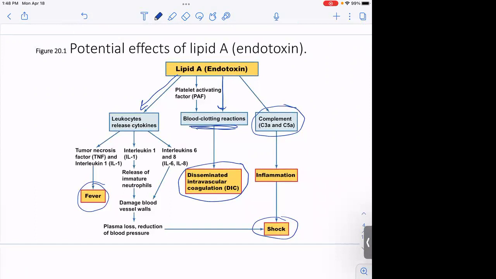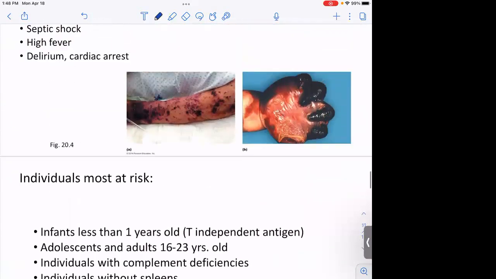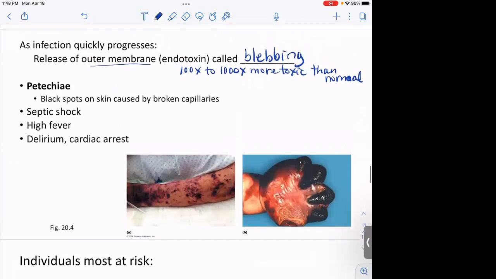We've also got inappropriate blood clotting reactions that can be caused by that endotoxin. That inappropriate blood clotting can cause these black spots. It starts out as a red rash, then turns more purple due to the capillaries breaking, and eventually necrotic. These black spots we call petechiae.